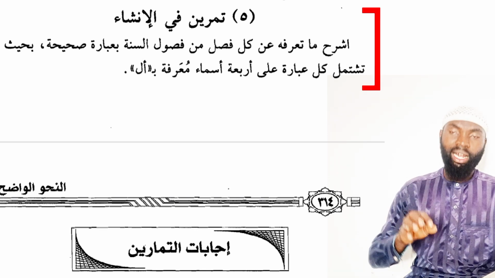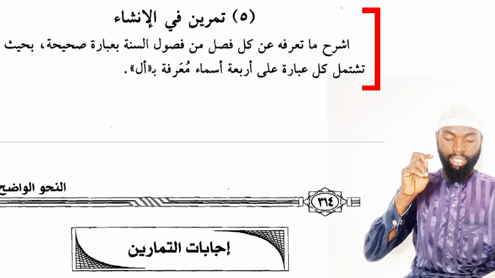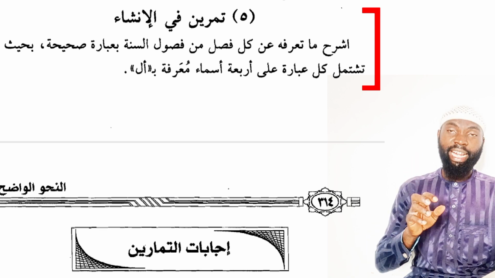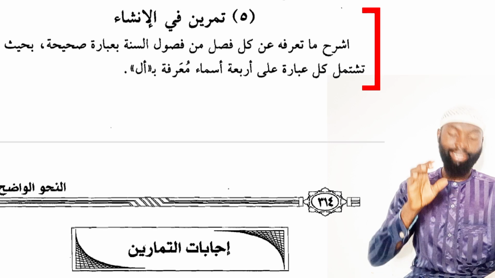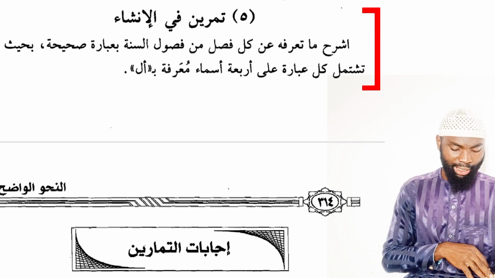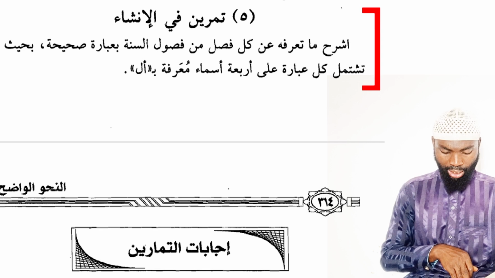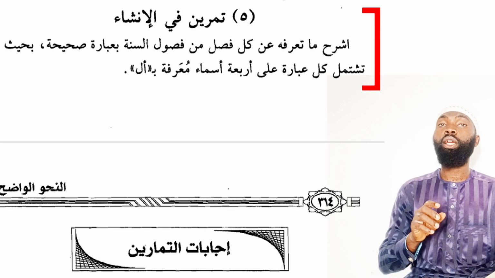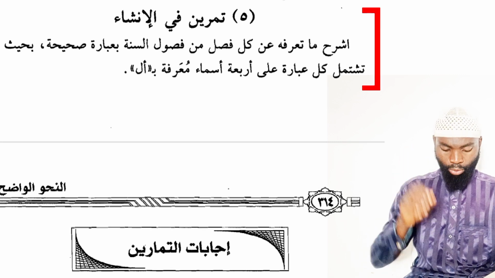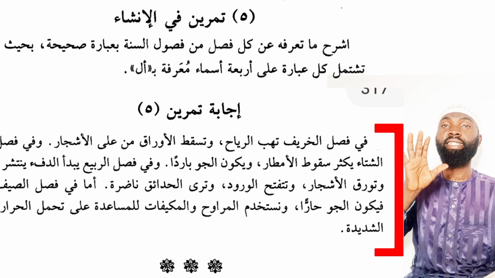You are to explain everything you know about each of the seasons we have in a year, with correct expressions in such a way that each expression will contain 4 nouns, which all of them should have al. MashaAllah. So here is the expression.